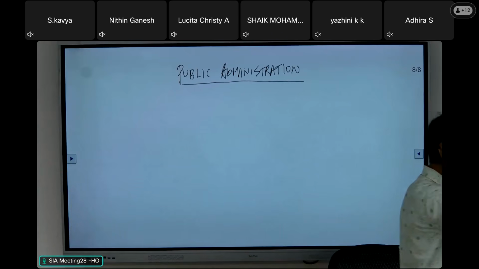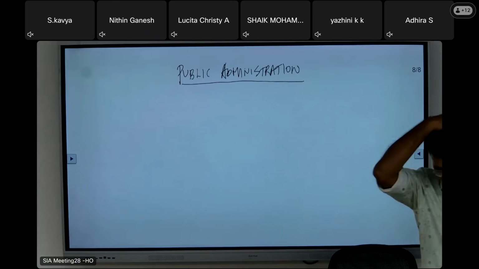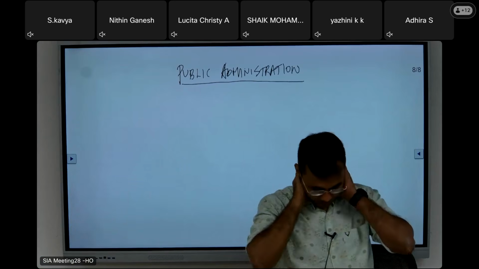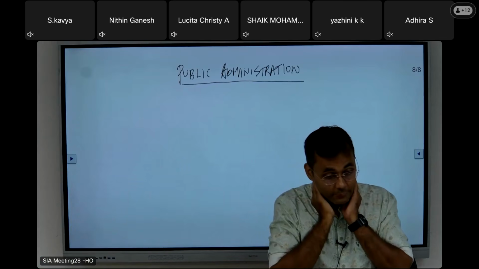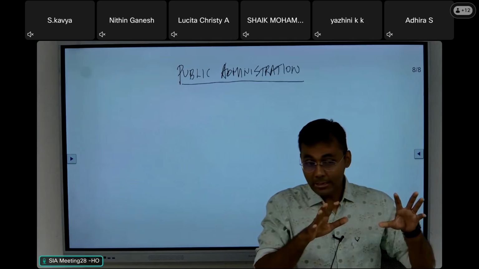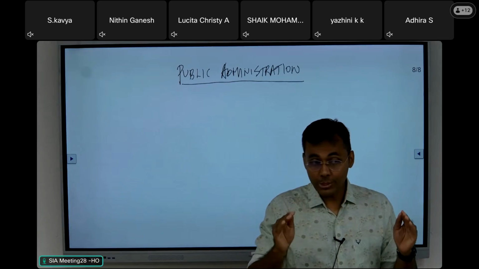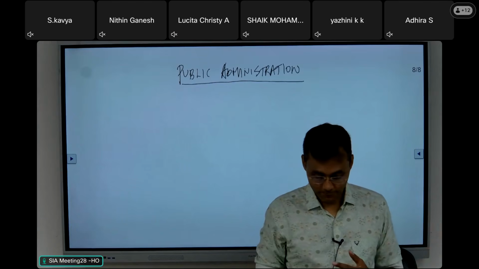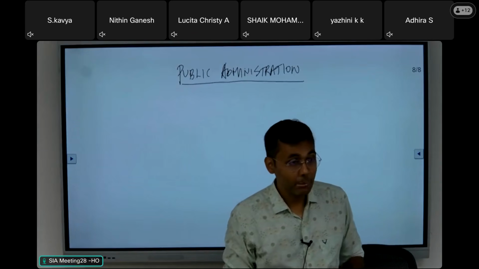Cuba is an example, okay. How much is it? 13.6 are women MPs. To get an understanding of this number, check the Indian population, what is the women percentage?